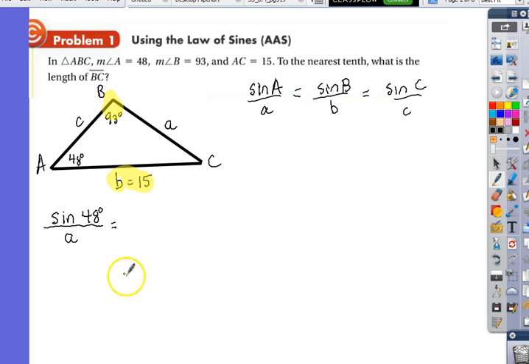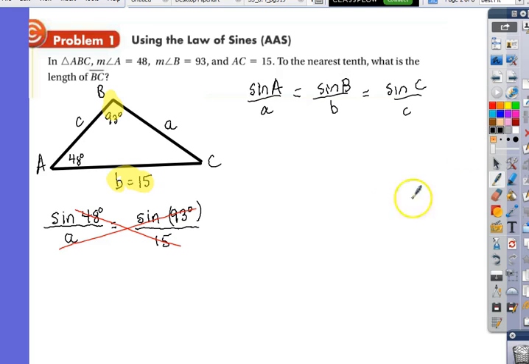And that's equal to the sine of B. What was the measure of B? 93 degrees, over 15. What's the first thing you do when you're dealing with a proportion? How do you solve if one of the values is unknown? Cross multiply.